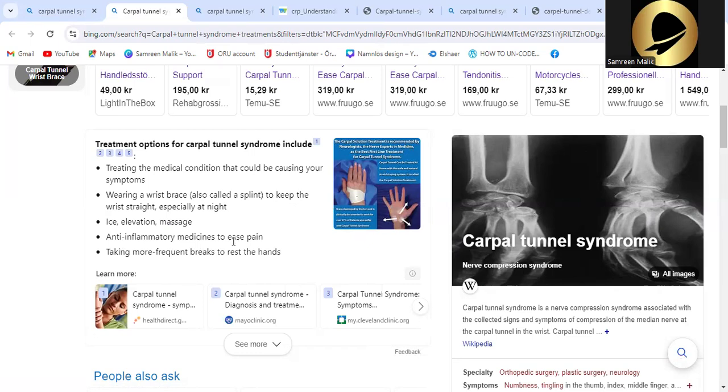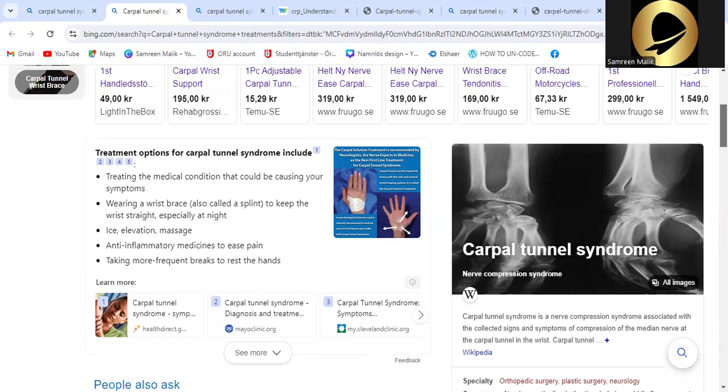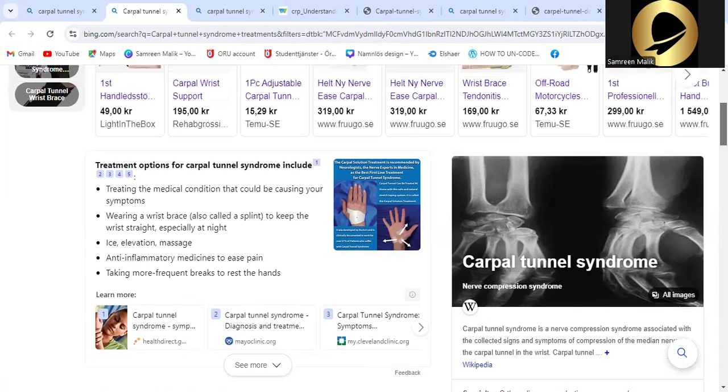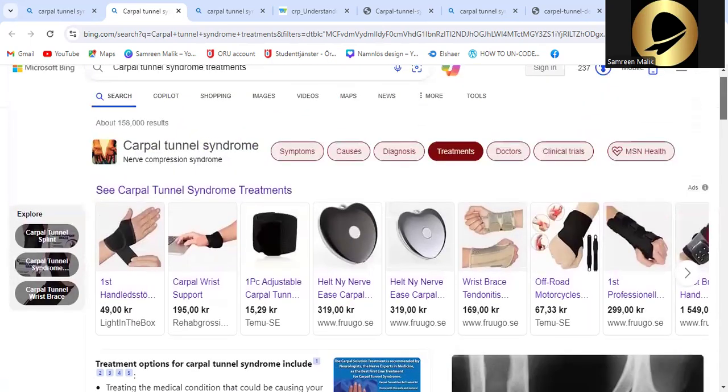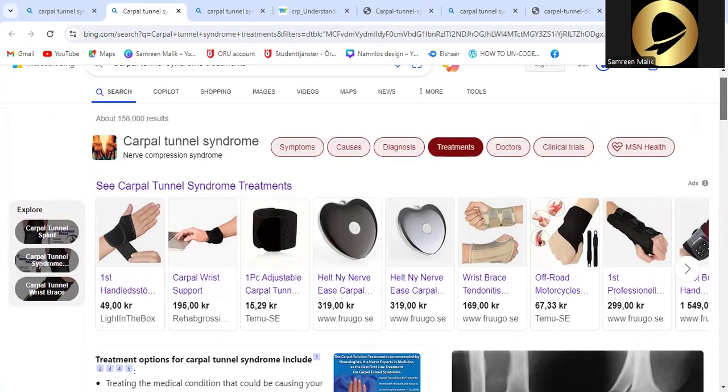Anti-inflammatory medicines one can take to ease the pain, and once working, they can take more frequent breaks in order to give rest to the hand. These are the measures one can take if you want to avoid surgical procedures on your hand, and if you want to avoid too much pain because of this nerve compression.